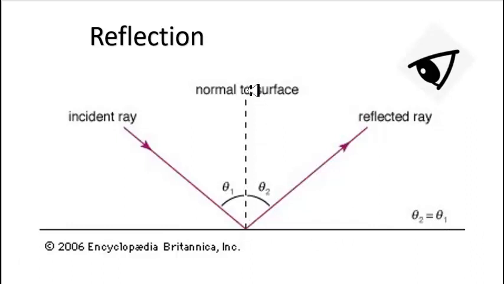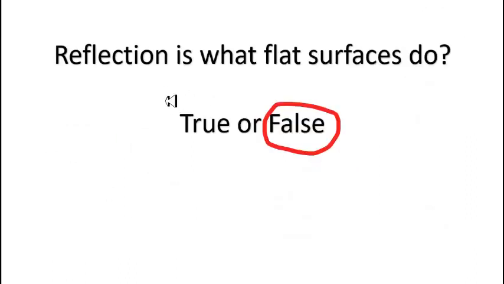Yes, you do need to know the normal to a surface, and for that you may even pretend that there's a tiny little flat surface there. People think that only a flat mirror will reproduce the exact picture that is reflecting off of it. And yes, there you need a flat surface for a mirror, but reflection does not require a flat surface.